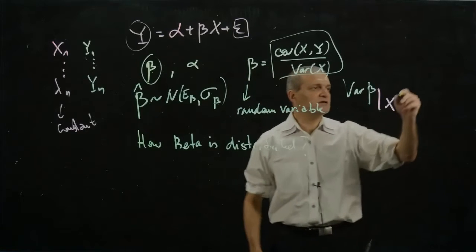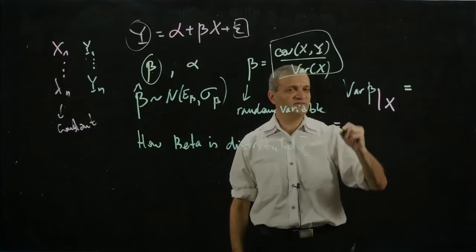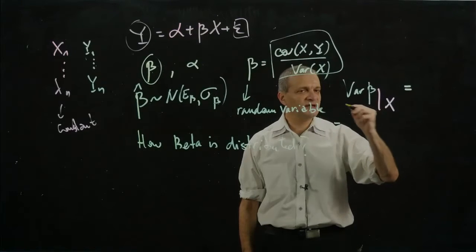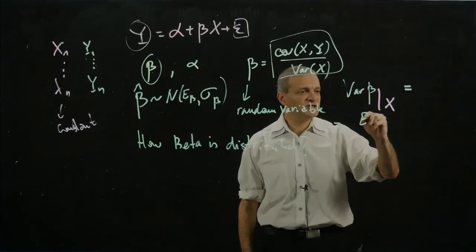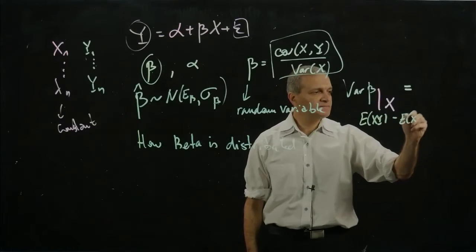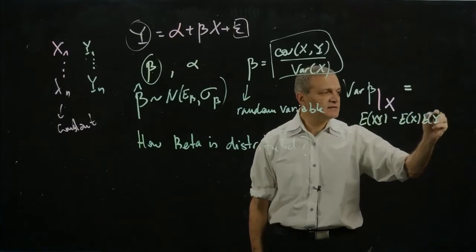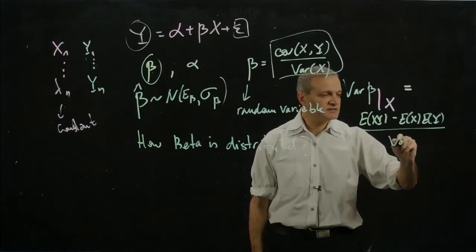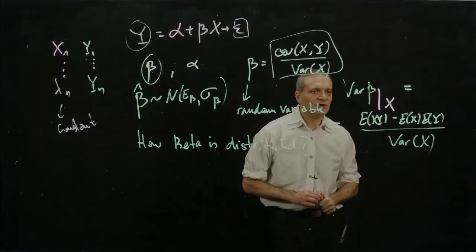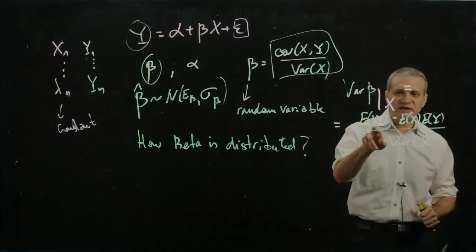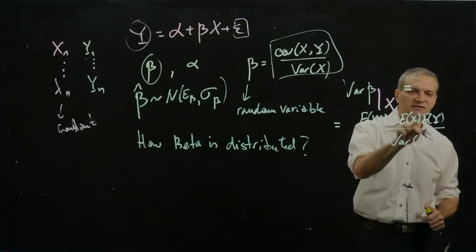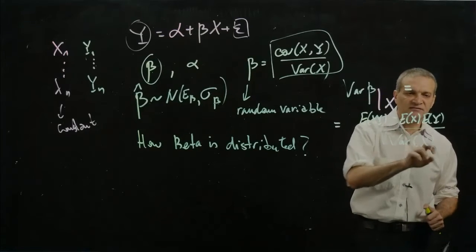In this case, you are going to use a definition. What do we know about beta? We know that beta is the expected value of xy minus the expected value of x times the expected value of y, divided by the variance of x.